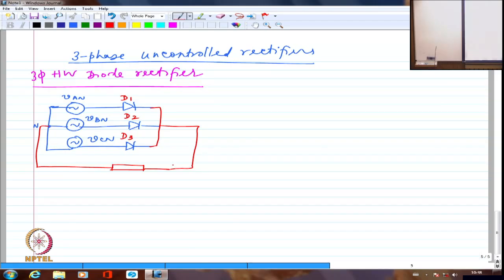So what I am converting is AC to DC, of course, and the DC is connected between the neutral and the star point of the three phases which are connected after the device, right?